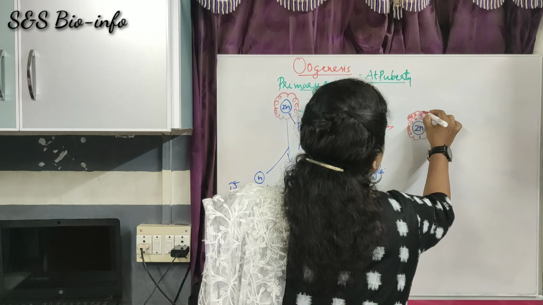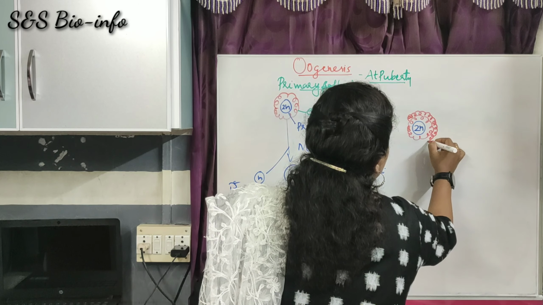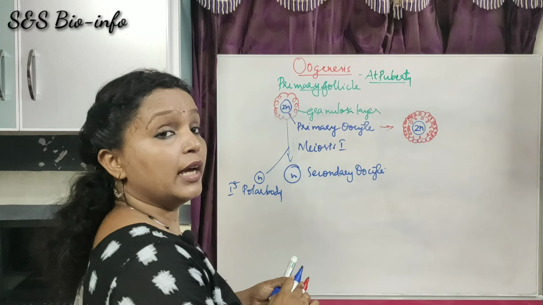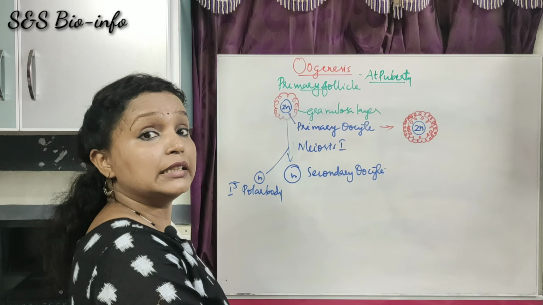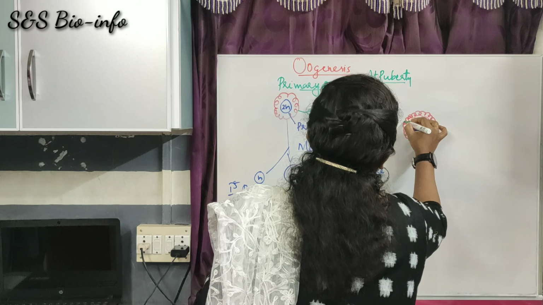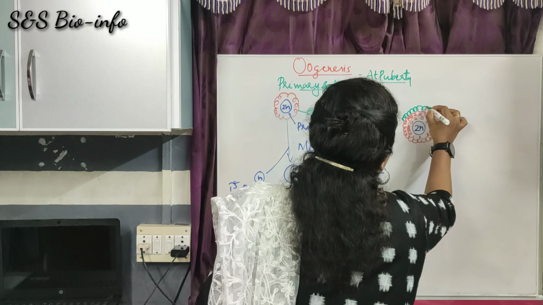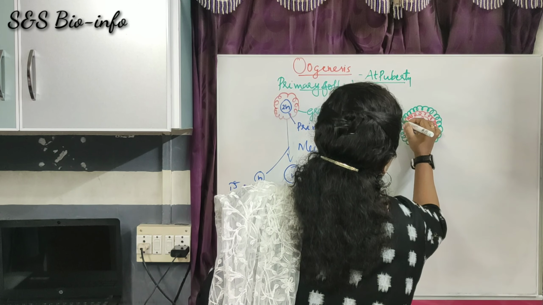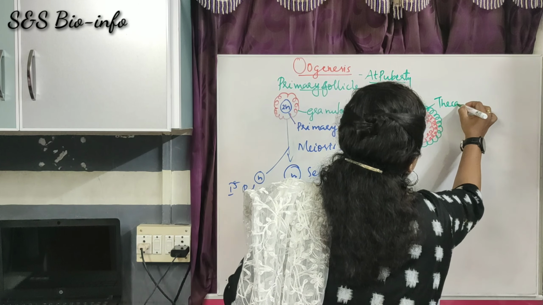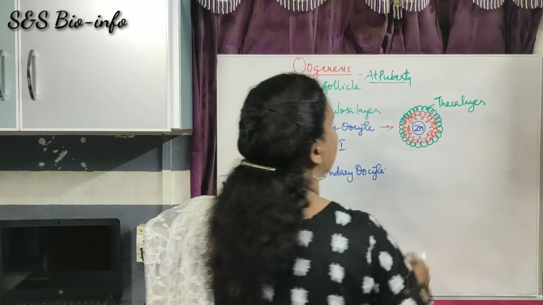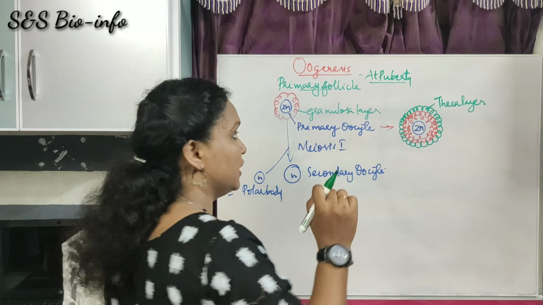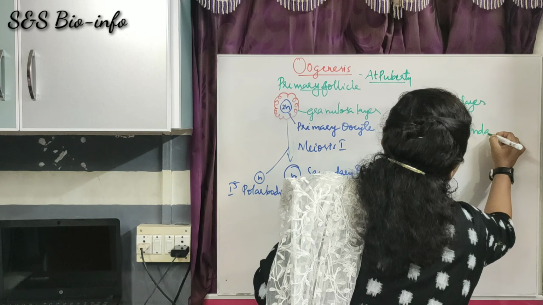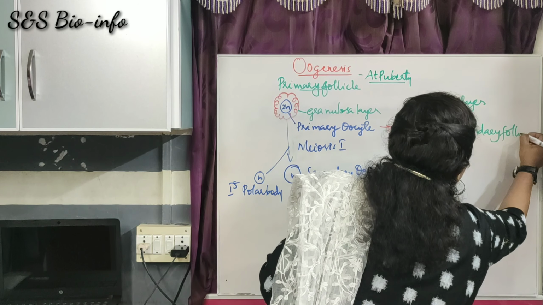Then more such granulosa cells are formed around the primary oocyte. Again, the next layer, theca, also formed around this. Then it is called secondary follicle. This stage is called a secondary follicle.